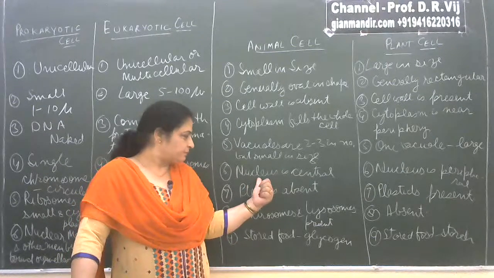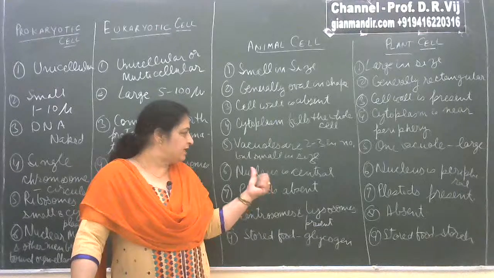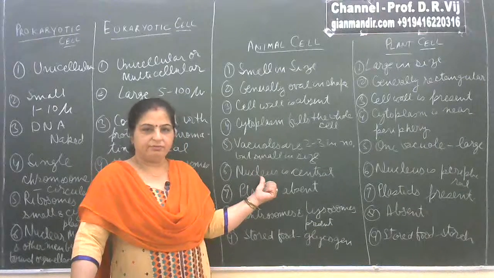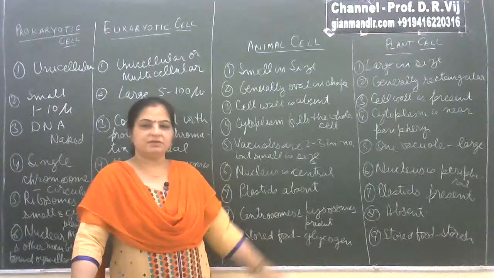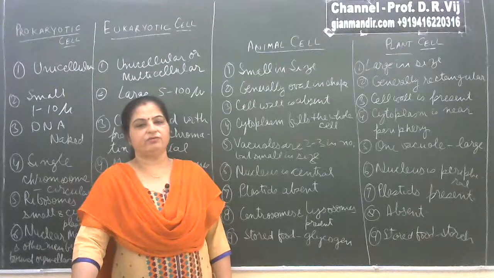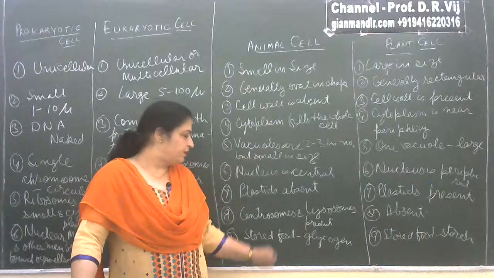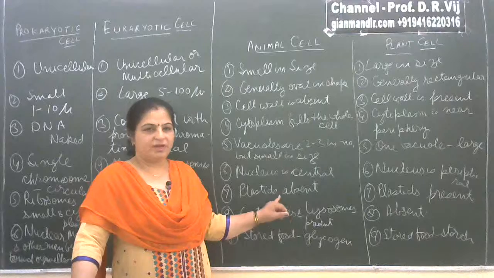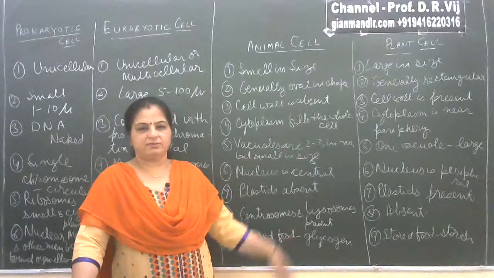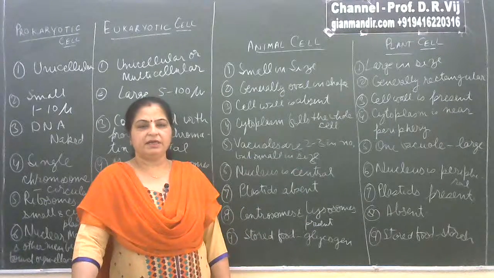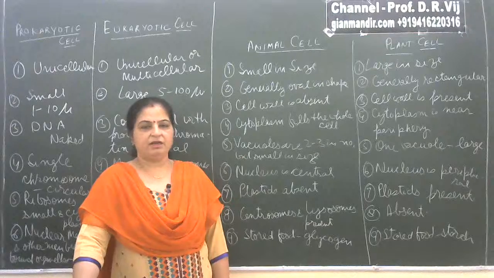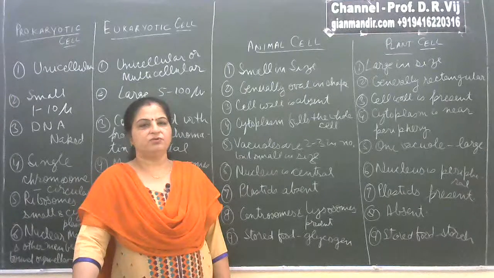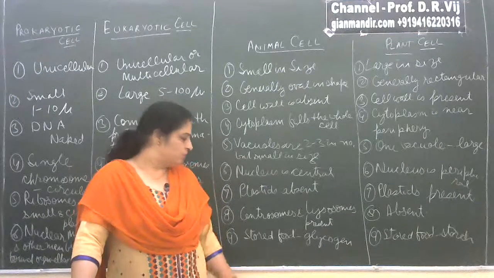In animal cells, the nucleus is central, and again because of the presence of the vacuole, the nucleus of a plant cell is peripheral. In animal cells, no plastids are found. In plant cells, plastids are found. You have seen they contain chloroplasts containing chlorophyll, which helps them to photosynthesize their own food.